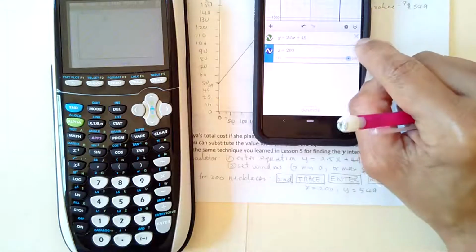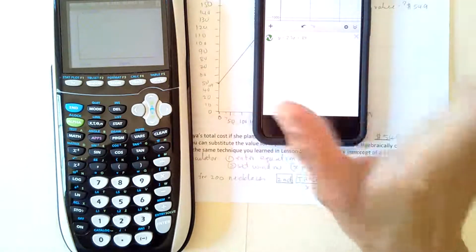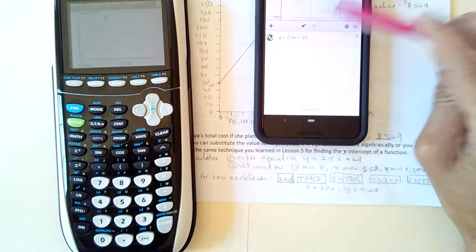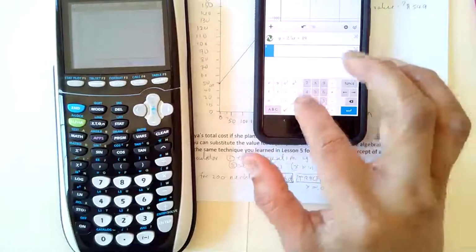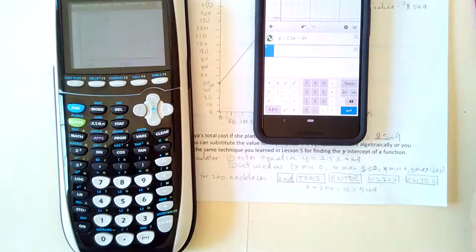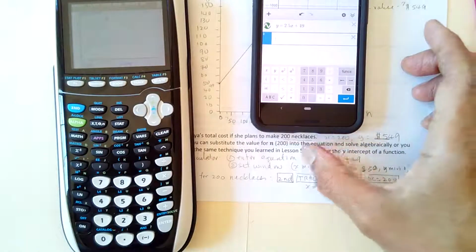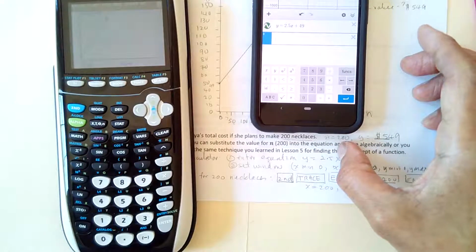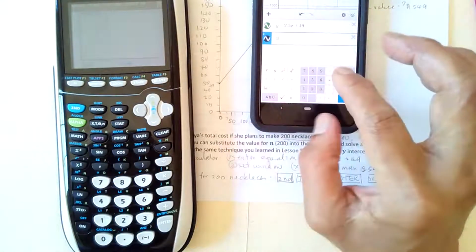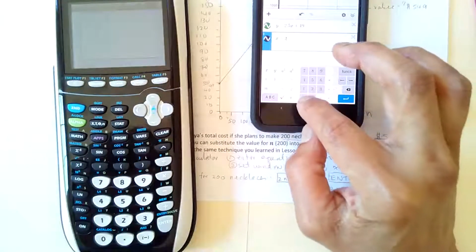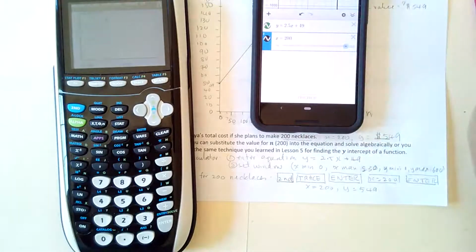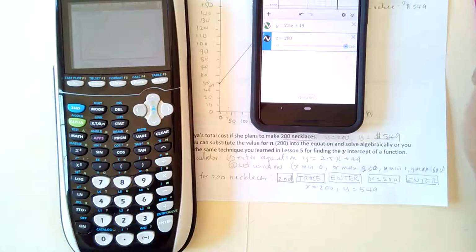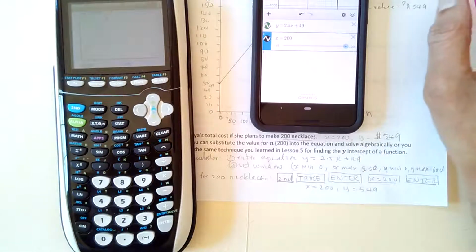So let's repeat that. Once I enter my equation that's given, I go to the next line and type in what the X value is. In this case, the number of necklaces is represented by the X value. X equals 200. And where these two lines intersect, you tap, and that will give you the cost for 200 necklaces.